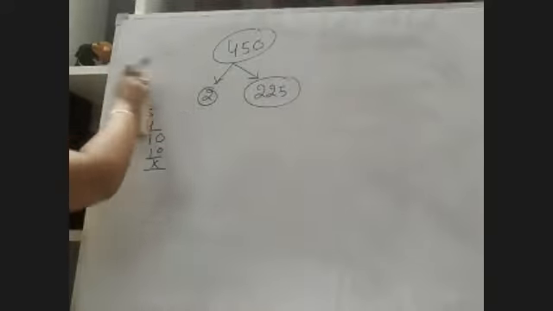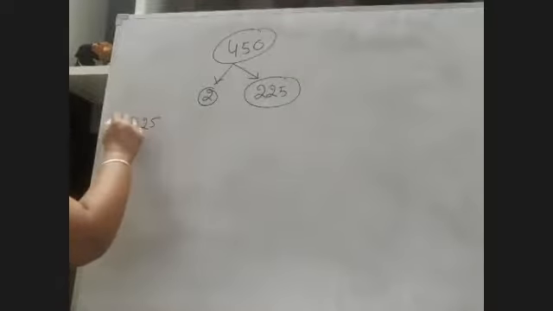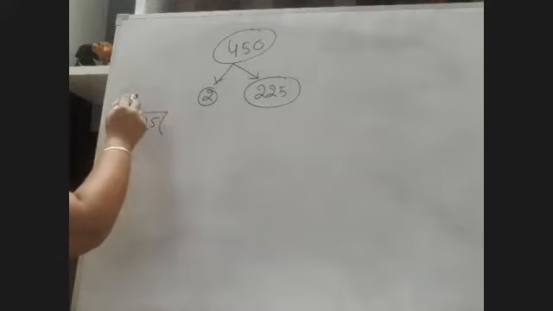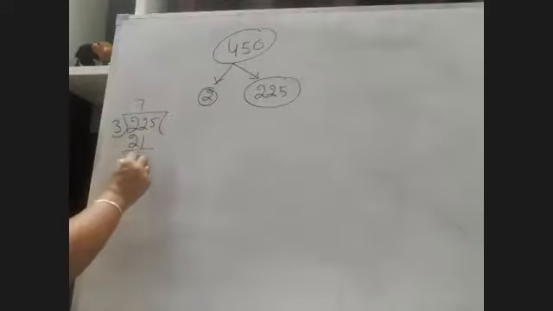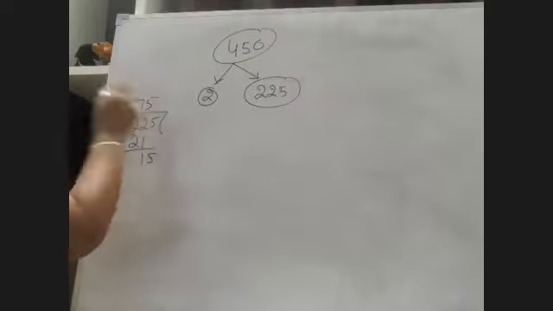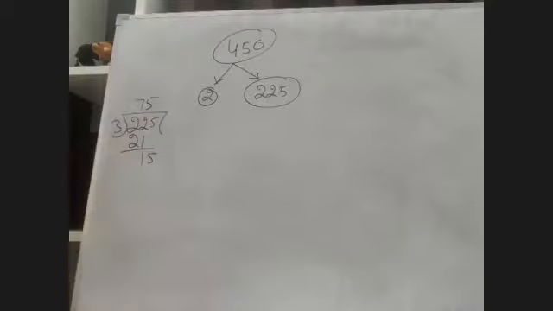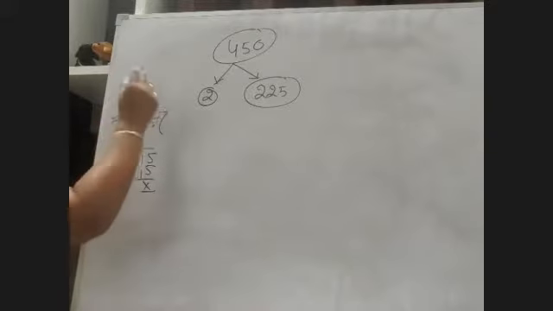So first we try by 3. 225 divided by 3. 3 7s are 21. 22 minus 21 is 1. Next, 15. 3 5s are 15. So we get 3 and 75.